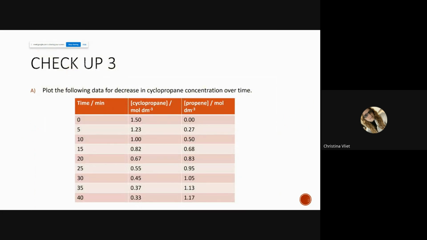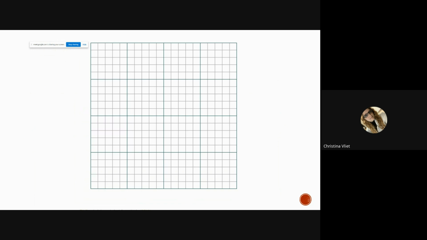Let's take a look at how we would do this from scratch. Check up 3. It says, plot the following data for decrease in cyclopropane concentration over time. So this is time, and this is concentration. What are our axes for rate? The x-axis is time, and if they give you minutes, you can use minutes.